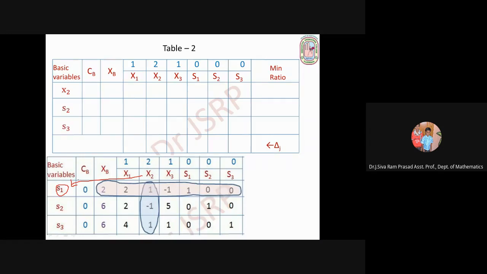These two remain the same. Okay, right. Next, what are CB? X2 cost is 2. This is S2, S3, slack variables. Their cost is zero.